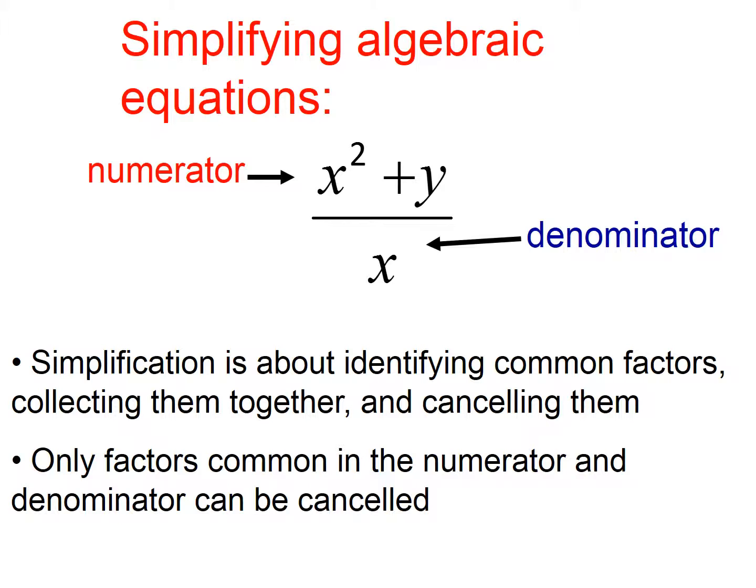Because this has got a y in it, you can't simplify that any further. If it was just x squared divided by x, you can see there's a common factor in both of those things. x divides by x one time, and x squared divides by x twice, so we could divide both the top and the bottom by x. But we can't do that in this case.